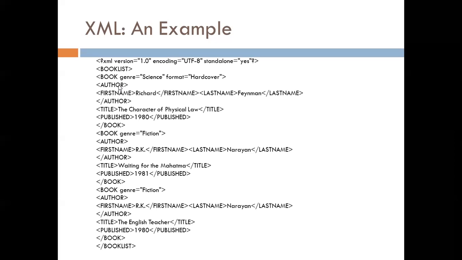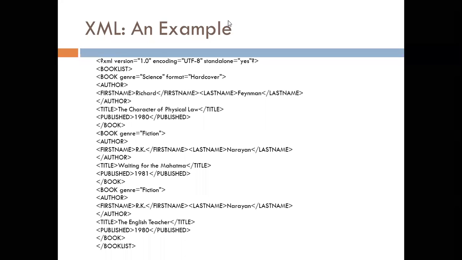That forms the XML. You can observe over here, the book list starts here and ends here, and this is the first book, then the second book, then the third book.